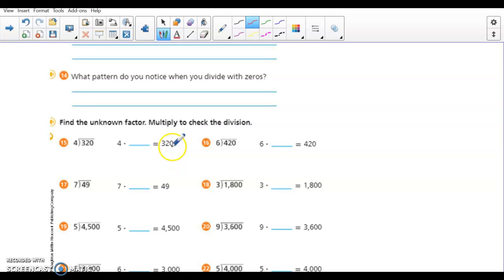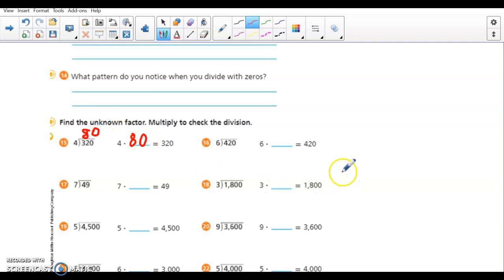So 4 times what gets me to 32? Well, I know 4 times 8 is going to get me to 32, but I have a 0 here. And so 4 times 80 gets me to 320. So what I know about my inverse is that 320 divided by 4, well, that must be 80.